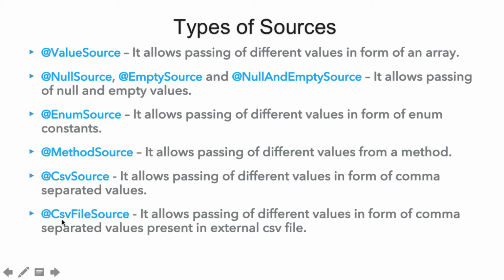The sixth one is @CsvFileSource. Instead of passing different values in a comma separated way, we can create an external CSV file, put our comma separated values in that file, and pass that CSV file resource using the @CsvFileSource annotation.